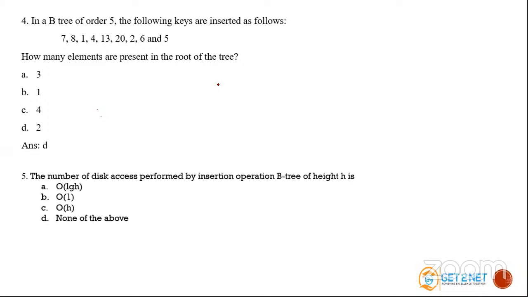Next, the number of disk accesses performed by an insertion operation in a B tree of height h is? What is the time complexity of inserting it?